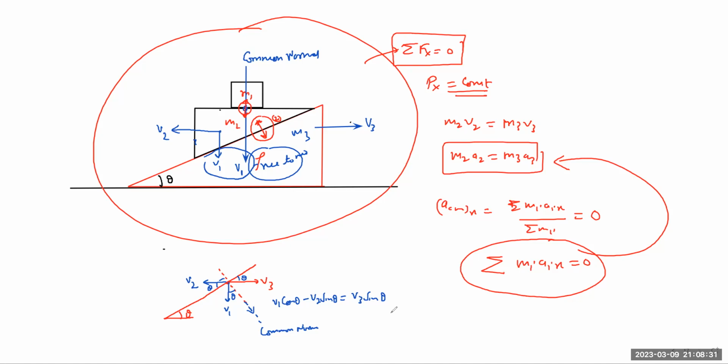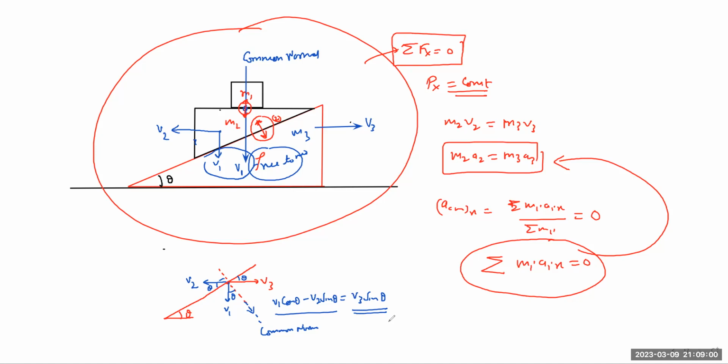The M2 will have two velocities, right? So what is the net into the common normal? Net is how much? V1 cos theta minus V2 sin theta, right? The M2 mass will try to dent the surface with what speed? But the surface is running away with what speed? So they must match.